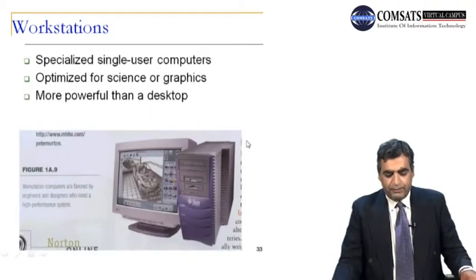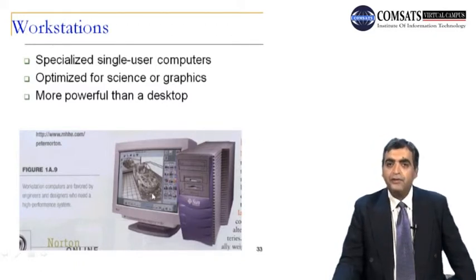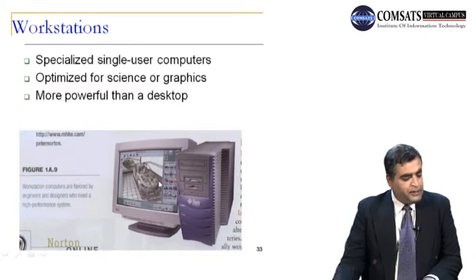Workstations. You can see a workstation here. These are specialized single-user computers. They are optimized for science or graphics use, and they are much more powerful than a desktop machine. A workstation typically has more power and features than a PC.